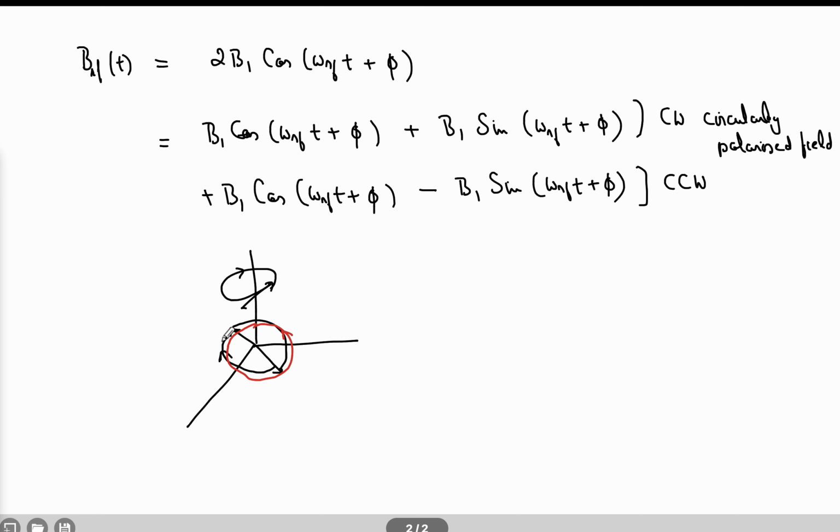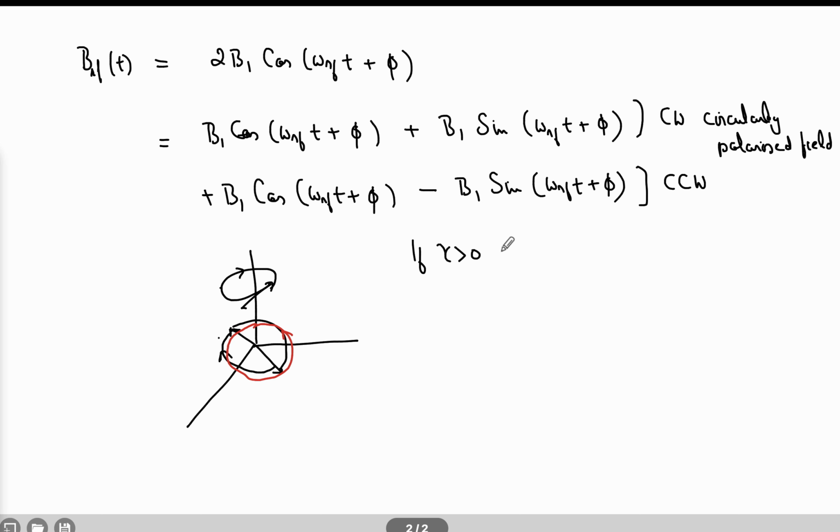So now the two black components, this one and this one, will match in the direction and in the frequency, and thereby they will interact and they will cause the resonance, right? Whereas the other component will not interact and will barely affect the spins.